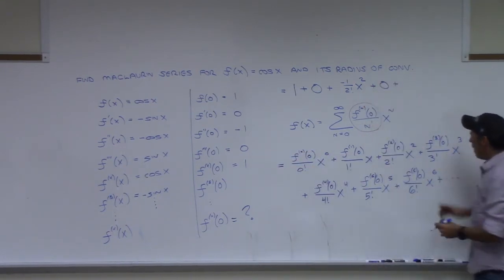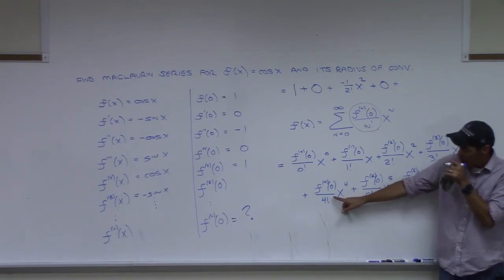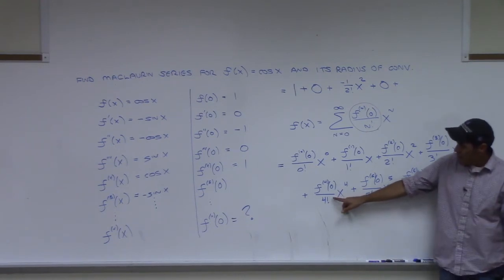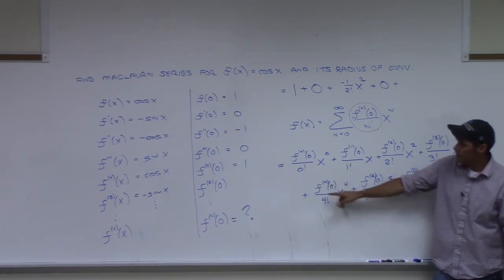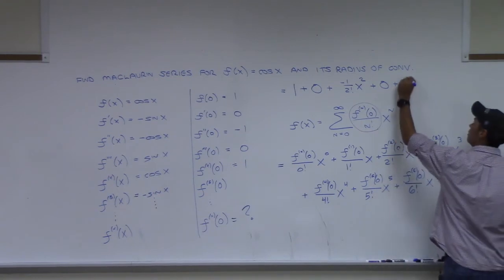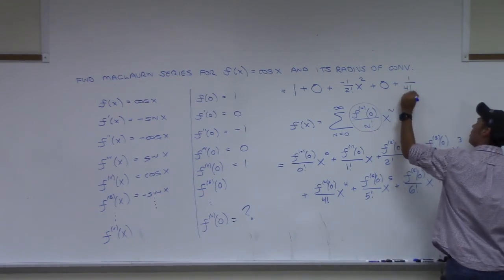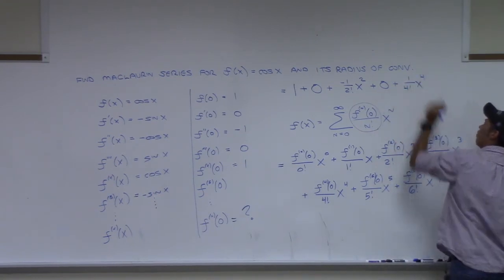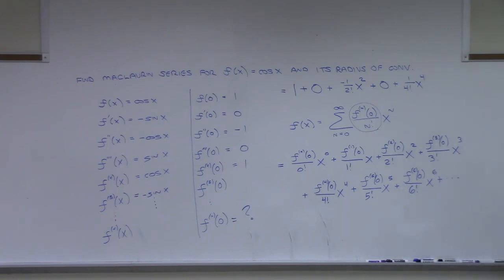Plus, okay, what about the fourth derivative at 0? We're back to 1, aren't we? The fourth derivative at 0 is back to 1. So we're going to have 1 over 4 factorial x to the 4th. Are you all good up to that point?